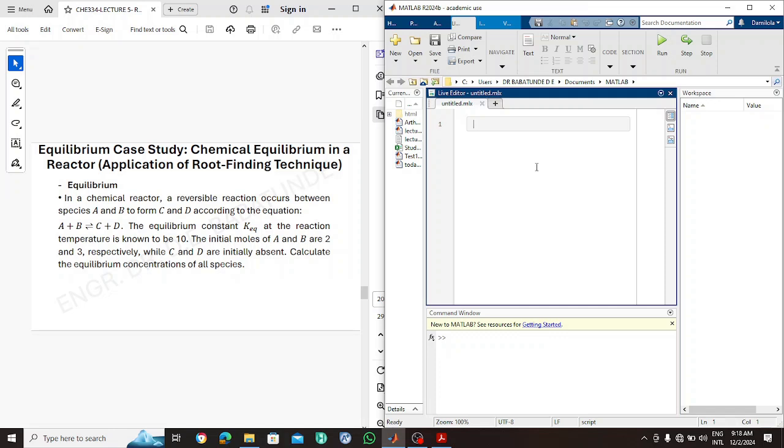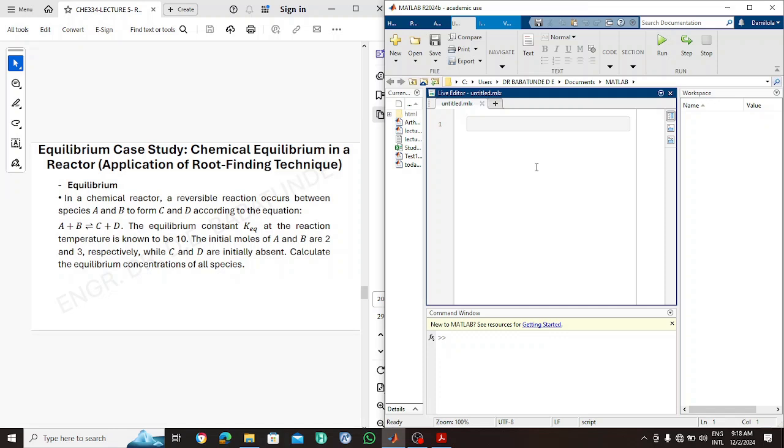But once you get to equilibrium, you won't notice any other change because the rate of the forward reaction will be equal to the rate of the backward reaction. So we want to know, at that time that we have reached that state, what is now the concentration of species A and B? What is the concentration of species C and D?